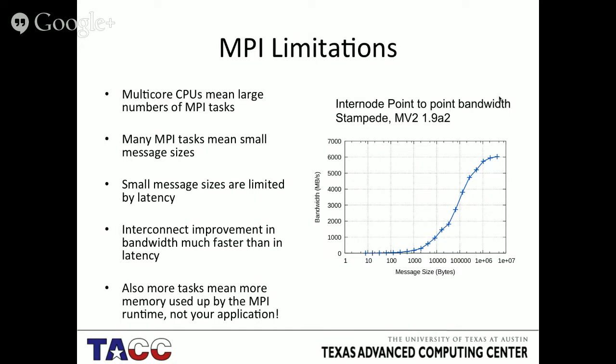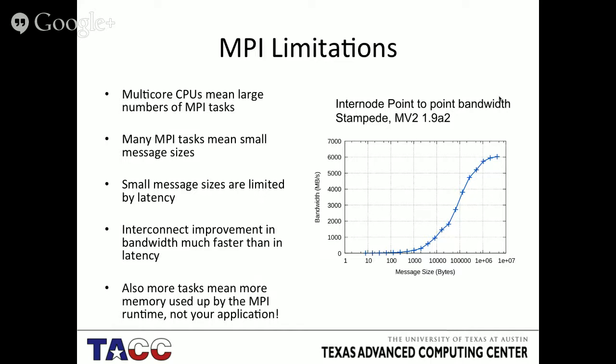MPI has its own limitations too. If you have multi-core CPUs, and we now do on almost every system out there, and you're going to run on many nodes or many cores, you will have lots and lots of MPI tasks. Those are relatively heavy in terms of resources needed by the MPI task compared to OpenMP. So the MPI runtime first starts taking a lot of memory on its own that you cannot use for your own simulation.